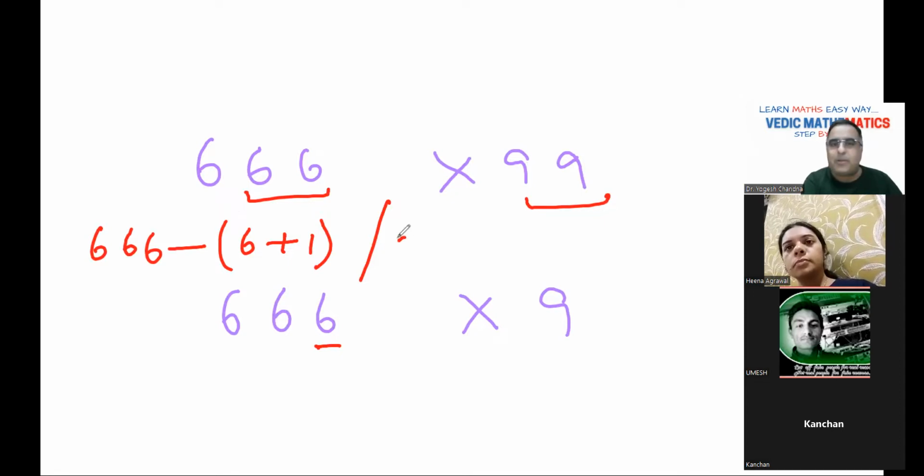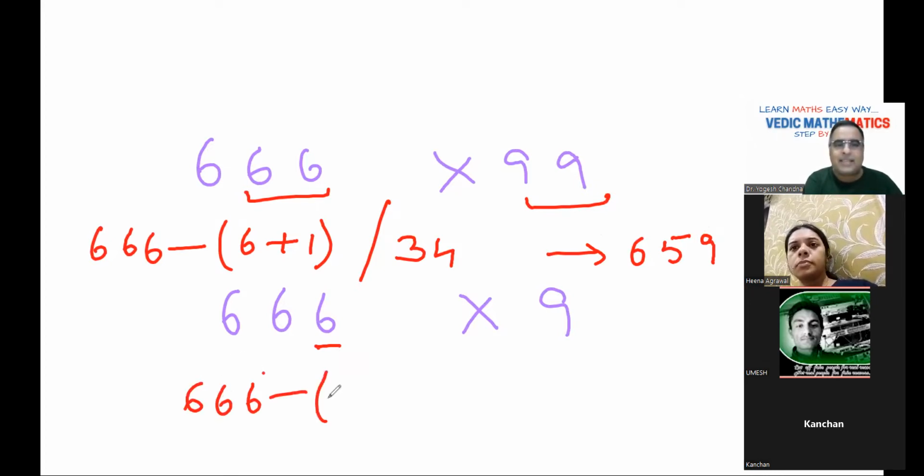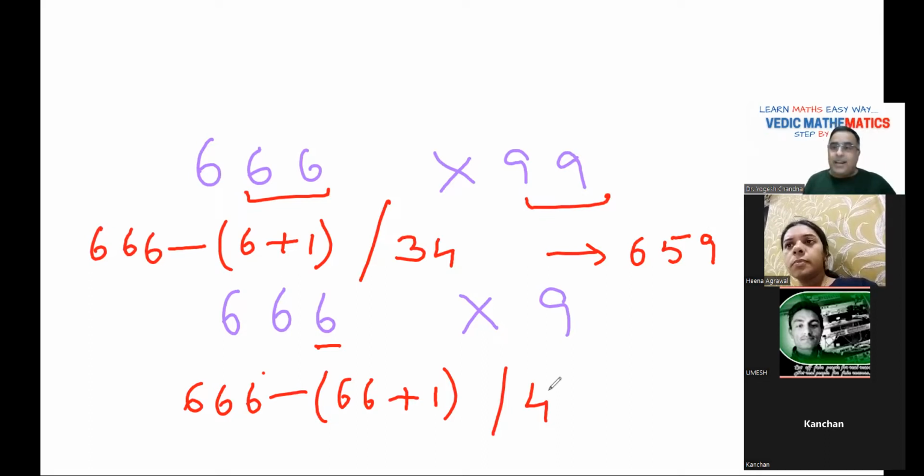Now we take the complement of only the underlined number. So this becomes 6, 5, 9. And here it becomes 666 minus 66 plus 1. And this side, it is only 6, so that means only 4. So the point is, we need to understand all the case studies. This is where we lack.